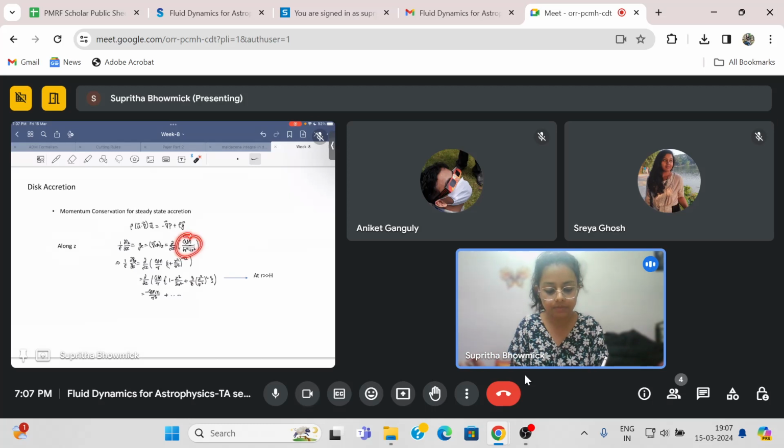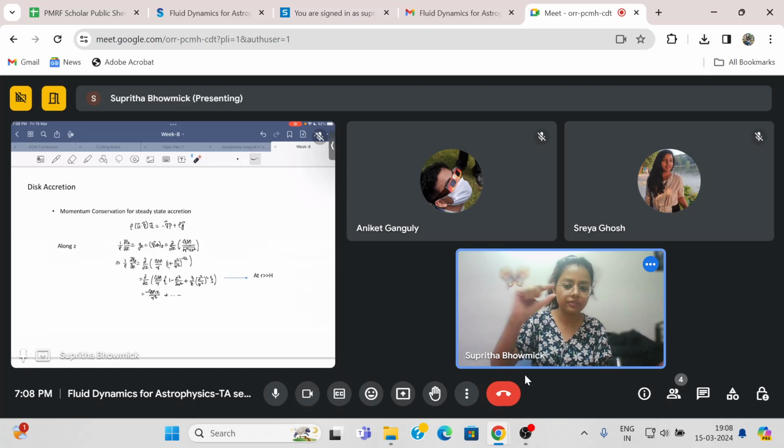Now, to simplify this term, we'll look at radial distances which are much larger than the height of the disk. Anyway, we want to study this accretion for a thin disk. So we look at r much greater than h.